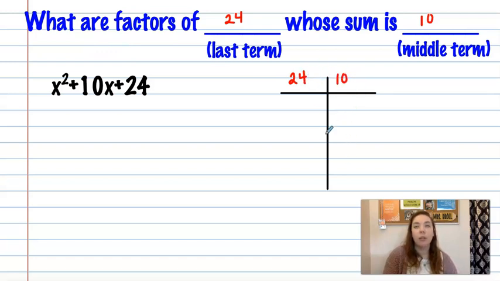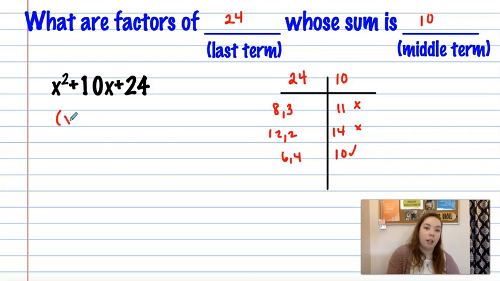So factors of 24, numbers that multiply to 24, like 8 and 3 come to mind, but 8 and 3 add to 11. So that's not correct. 12 and 2 would add to be 14. That doesn't work. 6 and 4 do add to be 10. So I would have x plus 6 times x plus 4. This is the factored form of this trinomial.